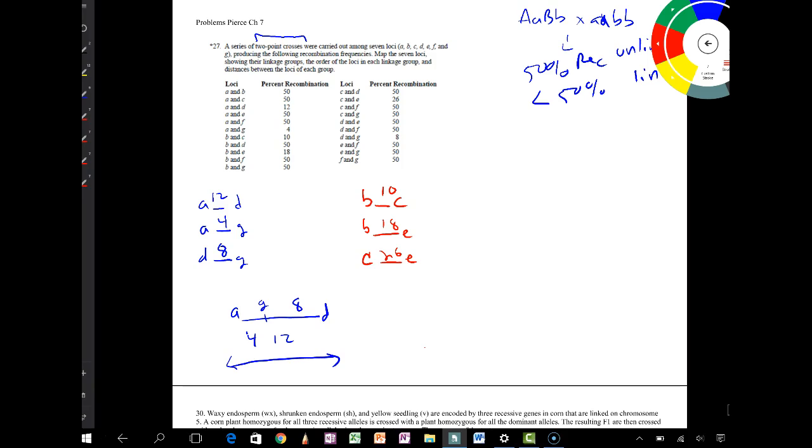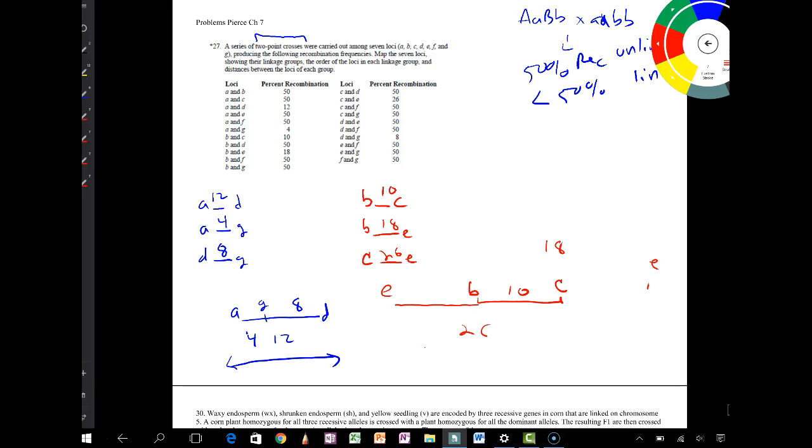So we've got B and C as 10, and B and E is 18. Now 18 could be down here, but if we had that, C and E should be about 8. But we see that C and E are about 26, which is more consistent with E being on the other side.